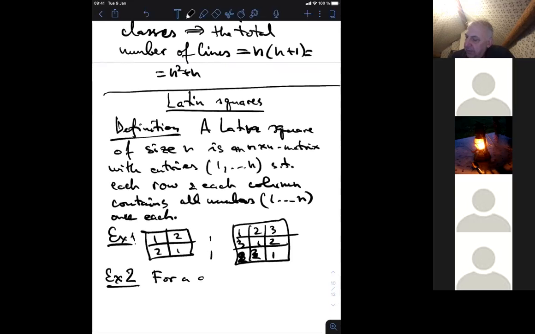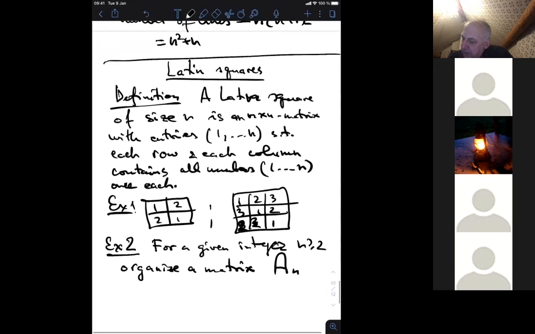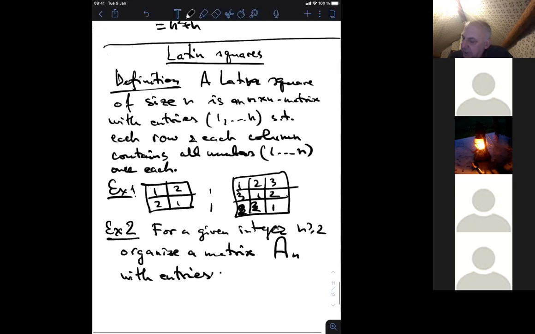For a given integer n bigger or equal than 2, organize a matrix, call it A_n maybe, with entries a_ij equal to i plus j mod n.